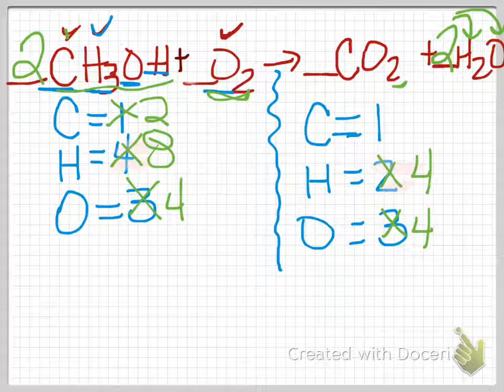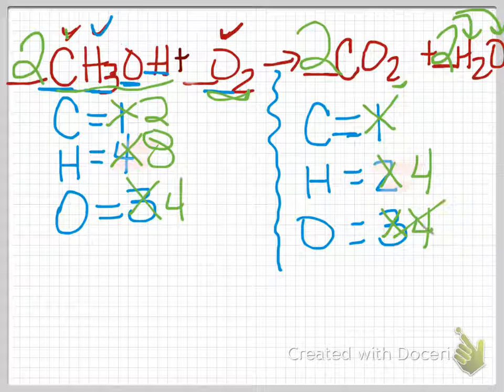Now, what am I going to do? This one's a hard one, Demetria. So I'm going to have to put a 2 right here. It's going to change my hydrogens, my carbons and my oxygens. Now I have 2 here, and I also have how many oxygens? 2 times 2 is 4, plus I also have those 2 is 6. Okay? But I have 8, so I need to change this 2 that I have right here.